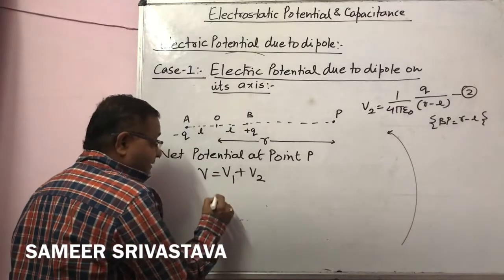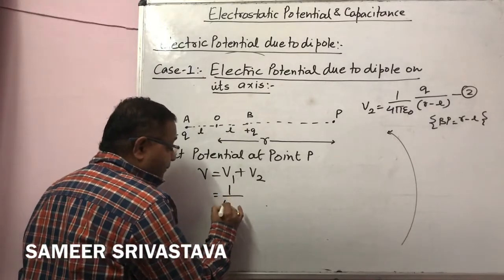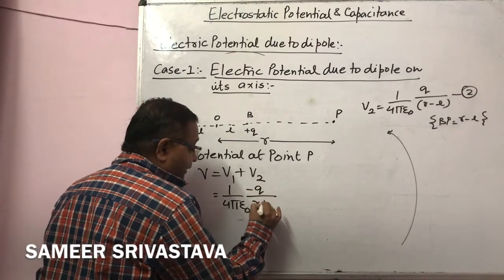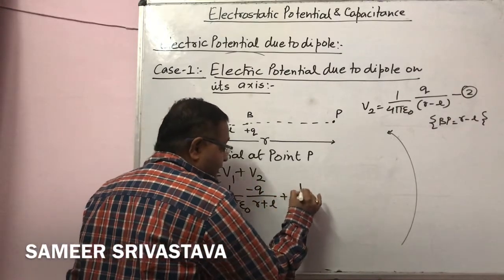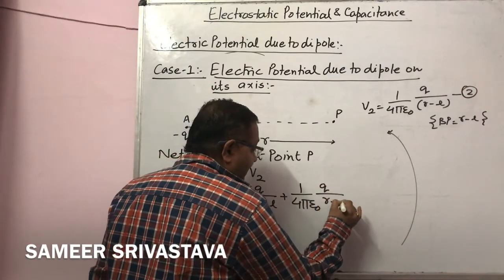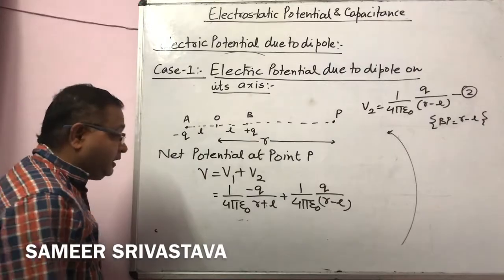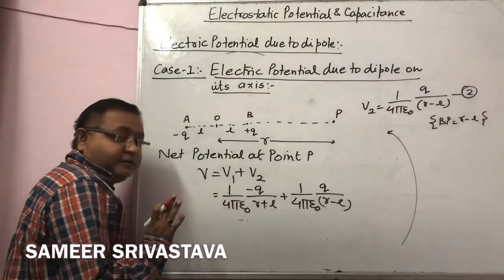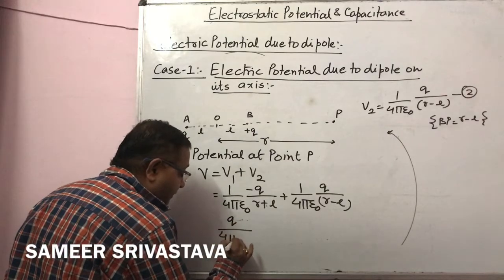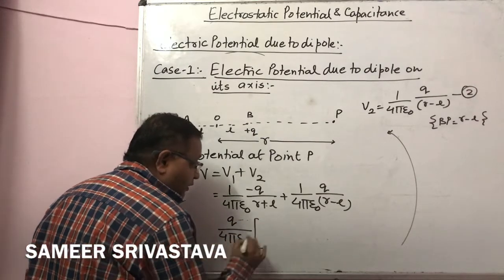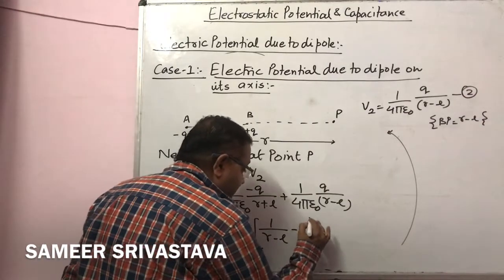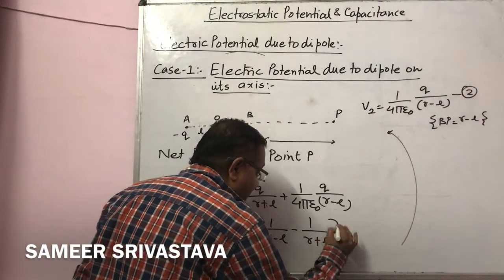In this case, put the values: 1 upon 4 pi epsilon naught, minus q upon r plus l, plus 1 upon 4 pi epsilon naught, q upon r minus l. Now here q upon 4 pi epsilon naught is common. So we take q upon 4 pi epsilon naught common. Now we can write 1 upon r minus l minus 1 upon r plus l.